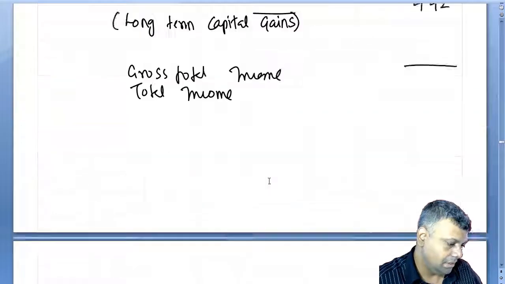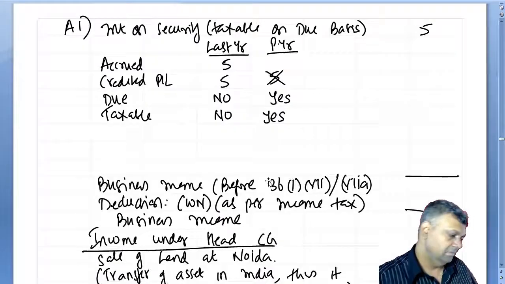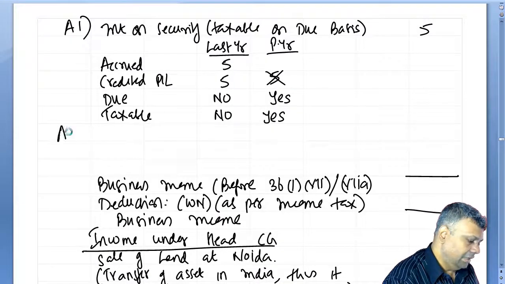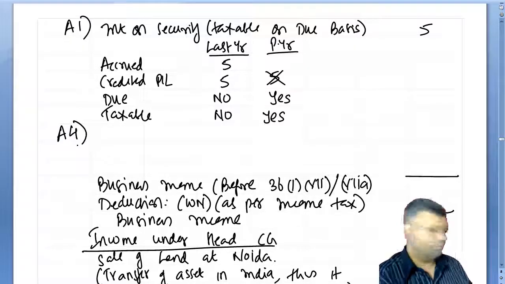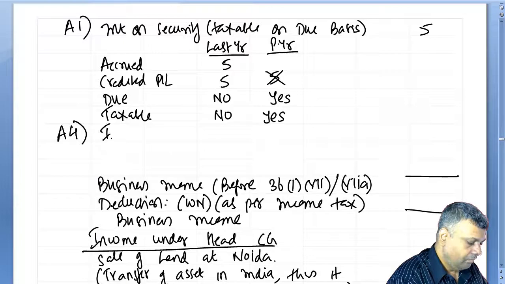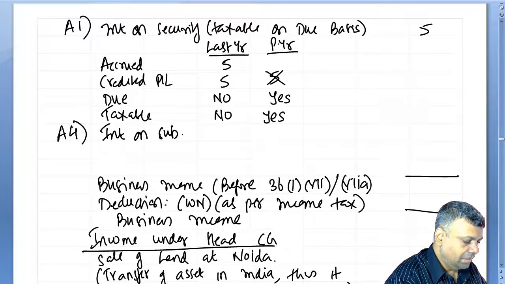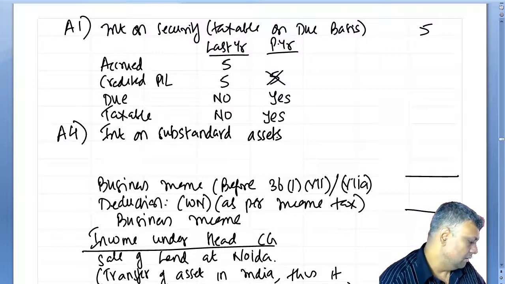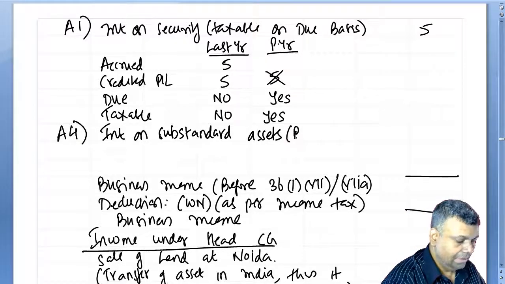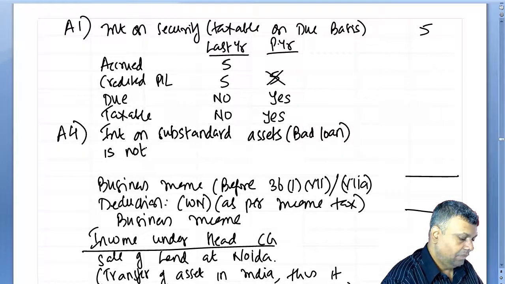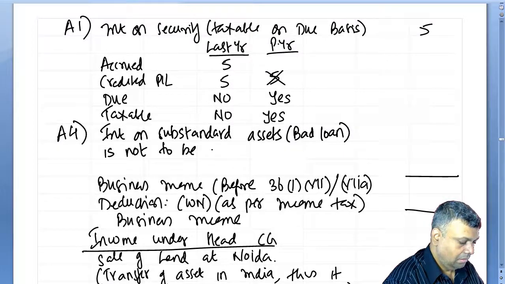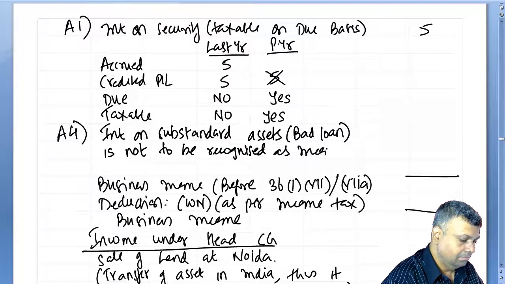Okay. So I'll write that comment here first. This is my additional information. Interest on substandard assets, that is your bad loan logically in simple English, is not to be recognized as income.